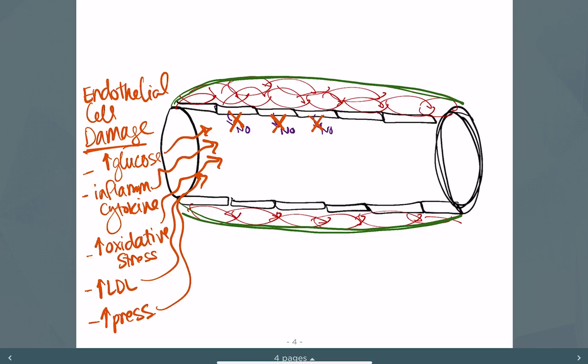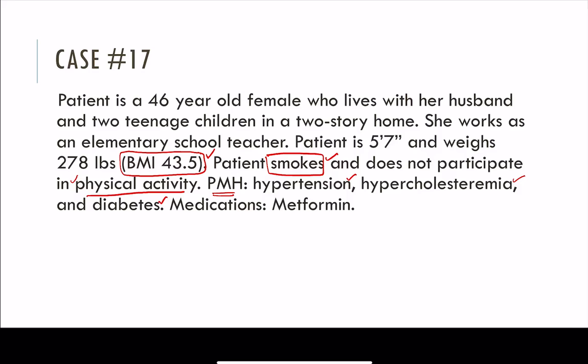If we look back at our case, this patient fits so closely into this initiating event. Obesity increases the amount of pro-inflammatory cytokines in your blood. Smoking is going to increase the amount of oxidative stress that can damage those cells. When you are physically active, it actually has an anti-inflammatory effect.